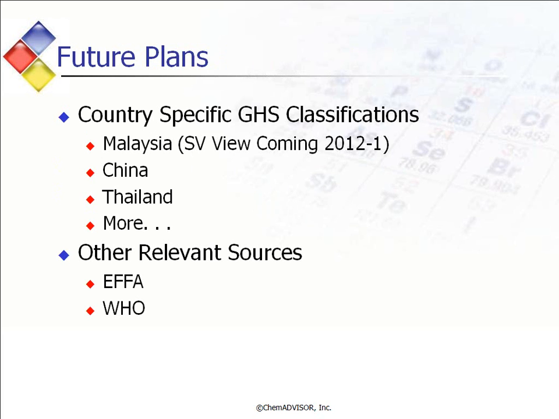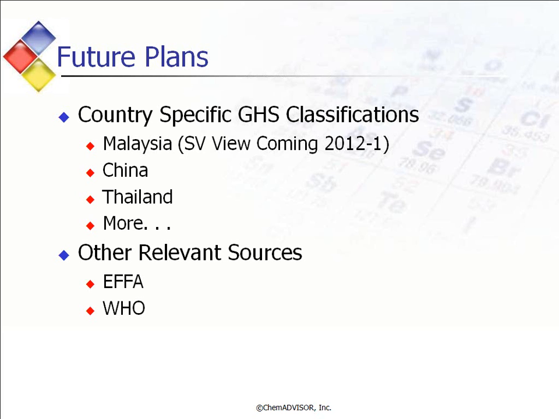Future plans for LOLI, we have additional country-specific GHS classifications to include. We have Malaysia already. The standardized view will be coming in the first quarter of 2012. And then other countries that have announced plans to publish classifications include China and Thailand.